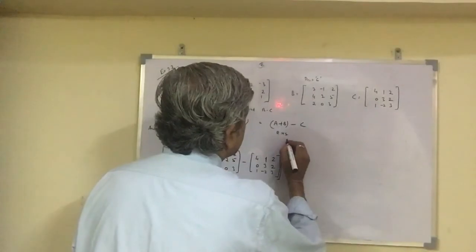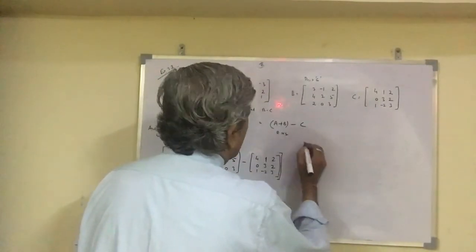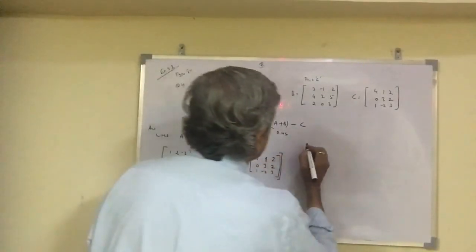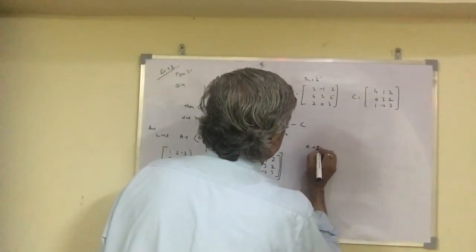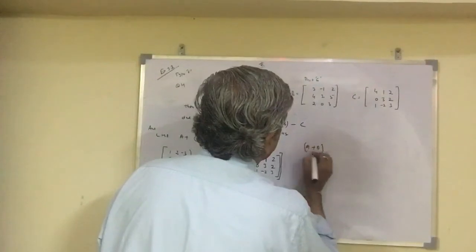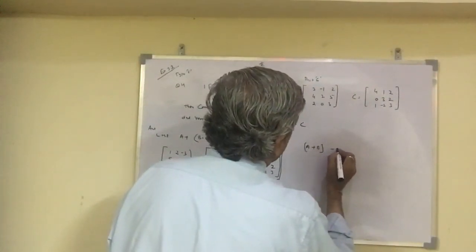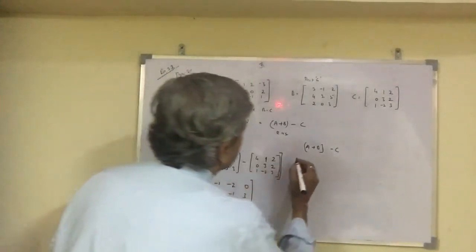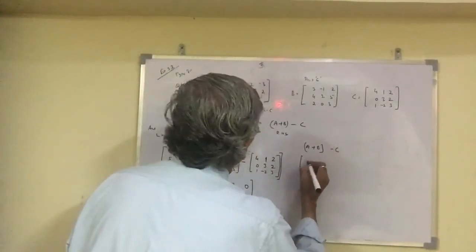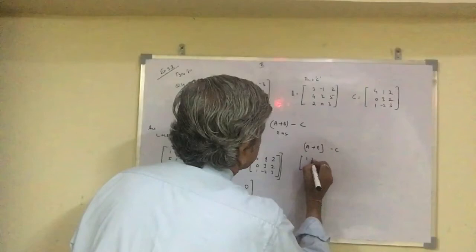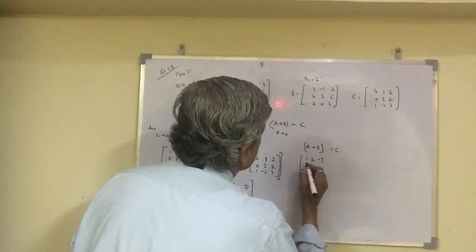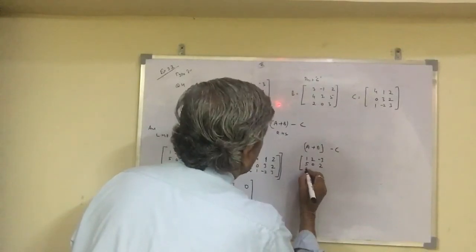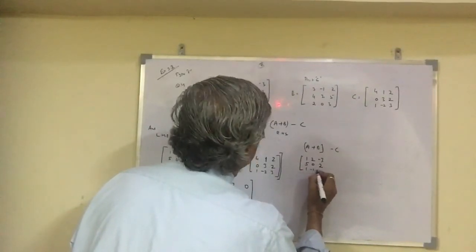See what we get on the right hand side. First we calculate A plus B, and then further we subtract C. Now, A plus B I will write down here. A is 1, 2, -3, 5, 0, 2, 1, -1, 1.